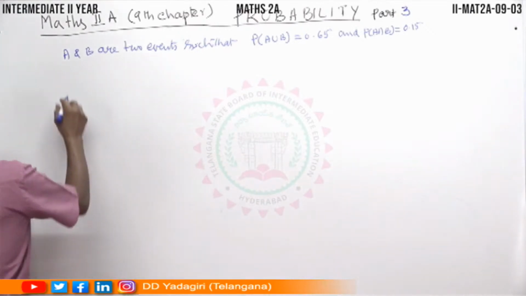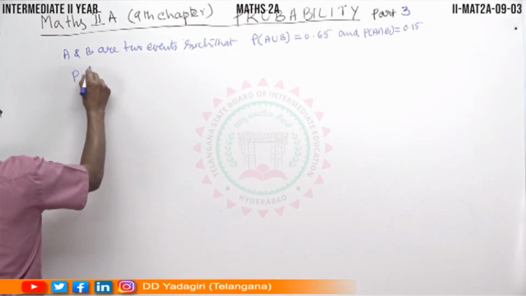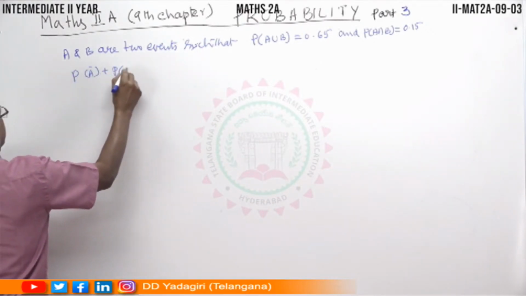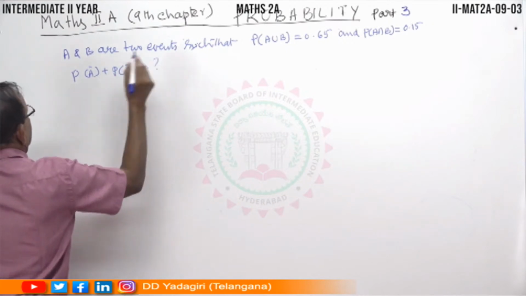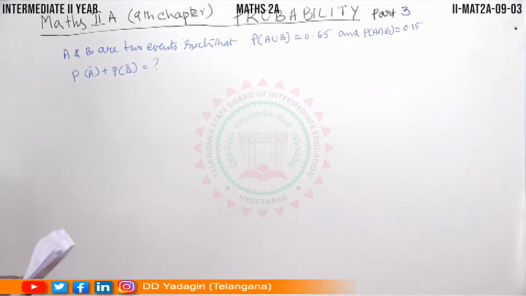What is the value of P of A bar plus P of B bar?